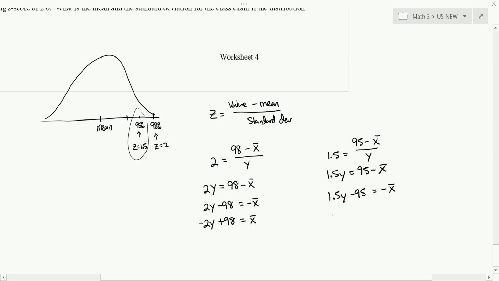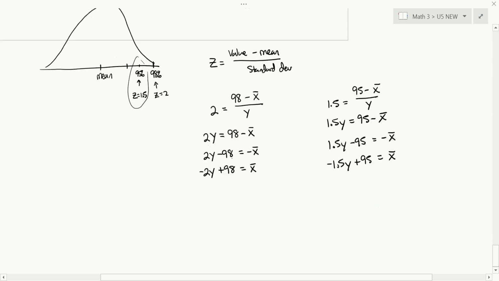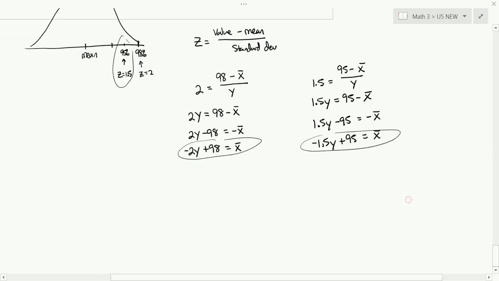And multiply by negative 1. Now we have 2 equations, both equal to x bar, so we can set them equal to each other using the transitive property or substitution and get negative 2y plus 98 is equal to negative 1.5y plus 95.